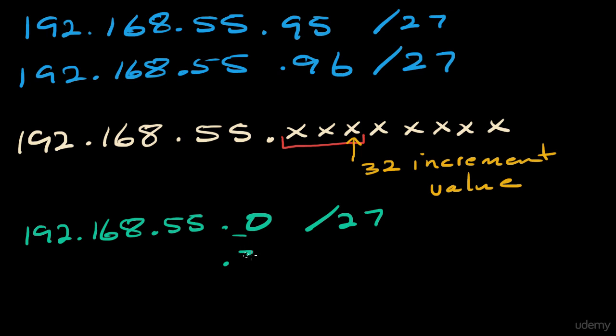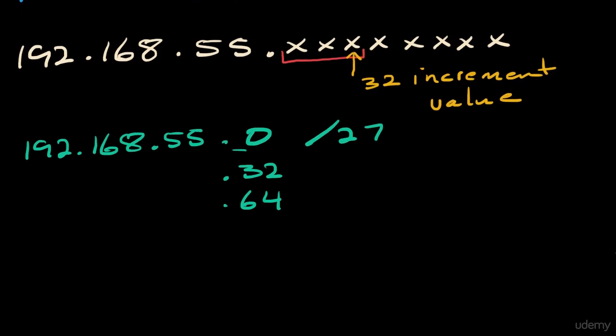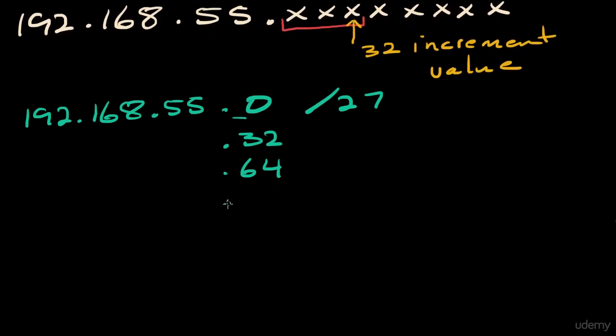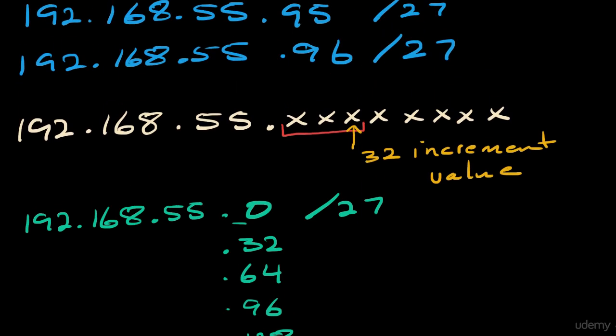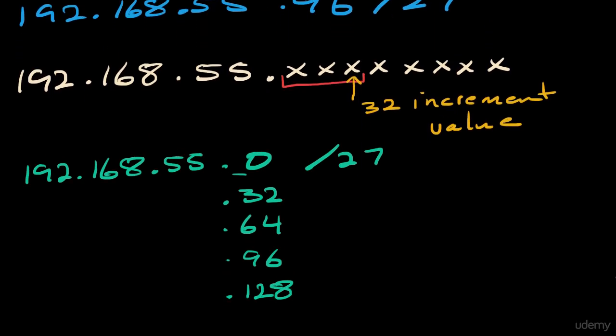So the next one is .32, .64. Let me scroll here. .96. I could continue and increment this further, .128, but I'll stop there because I don't have to. Scrolling back up, the numbers are 95 and 96.